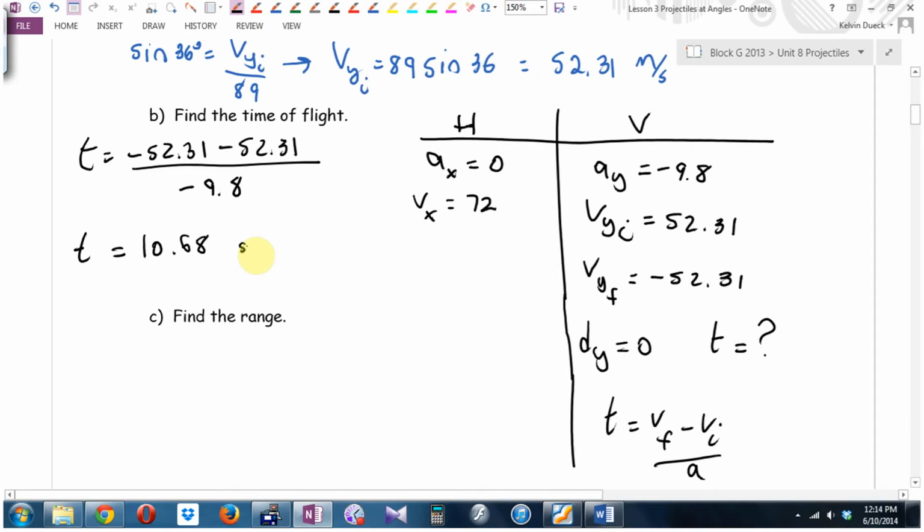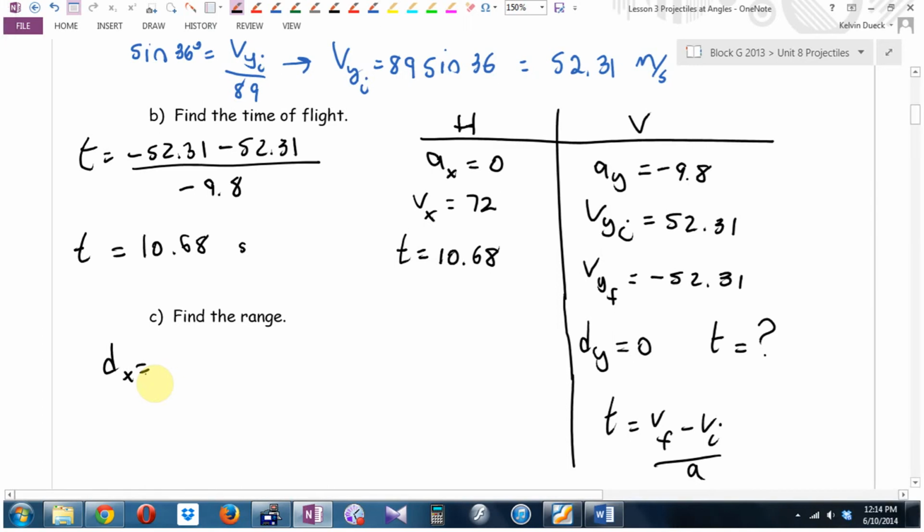Anthony, where else can I put that time? Anthony, what does part C want me to find? What's that? Oh, dx. Do I now have three pieces of information in the horizontal column? Well, then I can find dx.